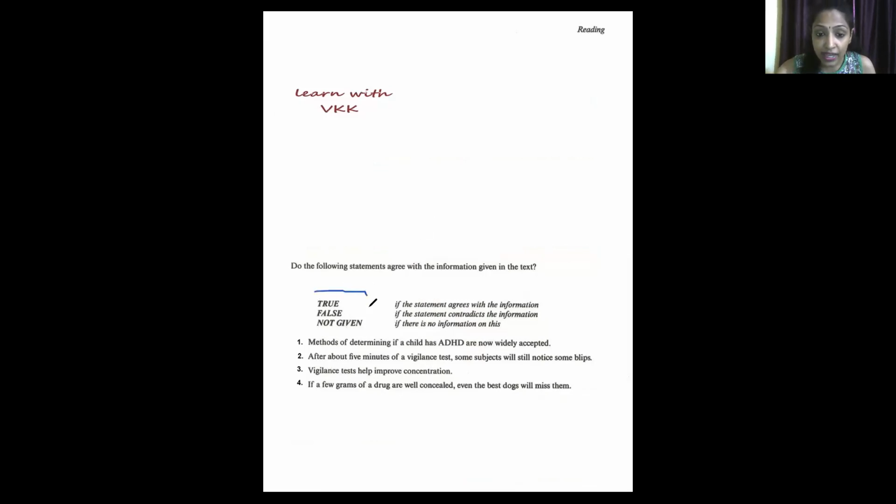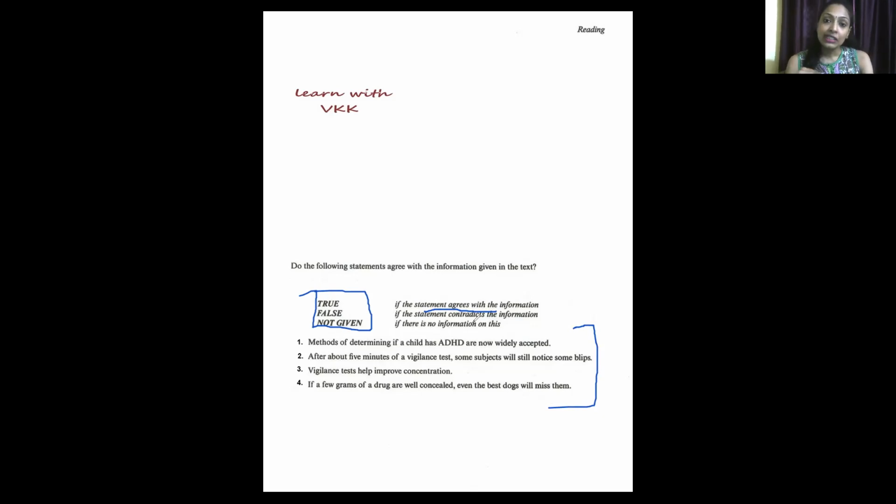And here I can very vividly see it written that I need to mark my answer in true, false, not given. Let's have an understanding of true, false again. What we are going to read here, that is question number 1, 2, 3, 4, which are our statements. We have to figure out if that information matches what the writer says. If the statement agrees with the information given in the passage, they match, and they do not have any info which is possibly opposite, then this is true.